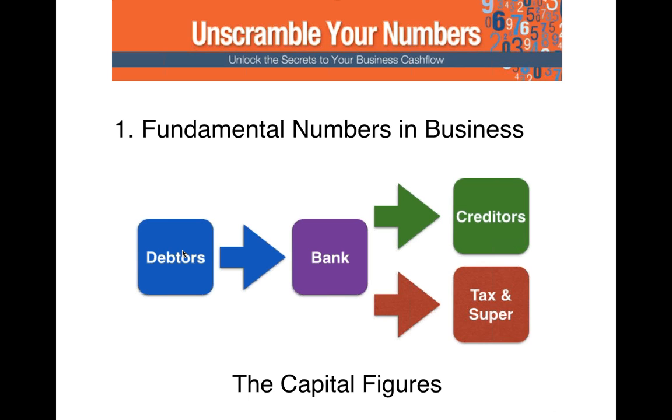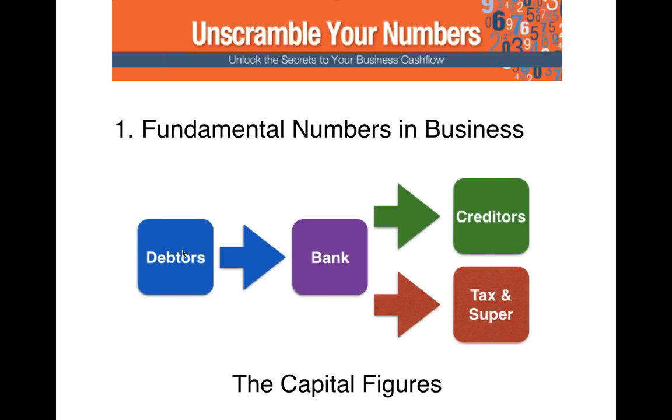It's the invoices you send to your clients or customers, where they pay you at some later date, whether that's 7 days, 14 days, 30 days, whatever your credit terms are. Unfortunately, in today's economy, many businesses pay well after the credit days you're offering, so you don't get paid as quickly as you would like.